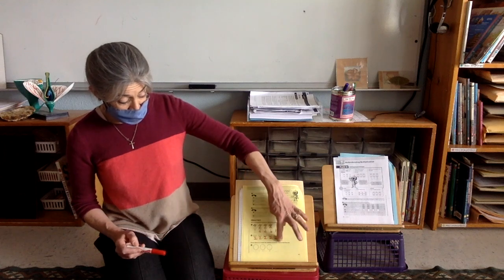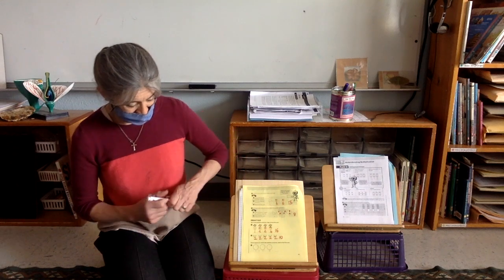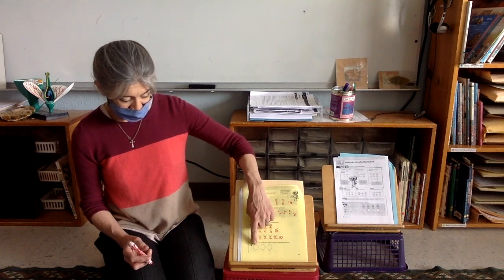And here they want you to draw. So they did the numbers and they want you to draw. And it says squares. And it's how many in each one? 3. Okay.